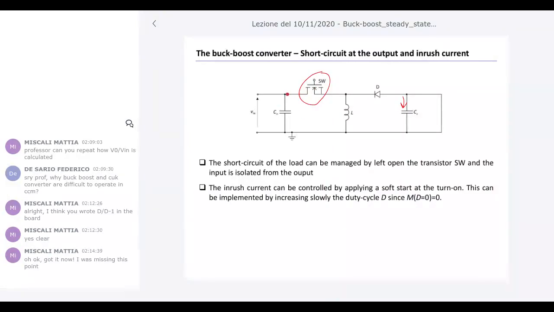Drawback: the switch in that position has the drain connected to the input source. So if the input source has some overvoltages due to whatever in your applications, in your operational environment, then the drain of this MOSFET can also go up and down.